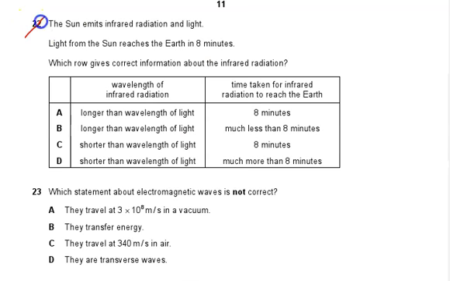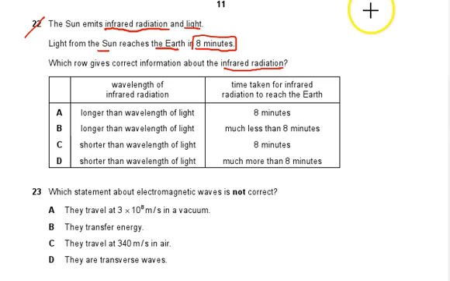Okay, number 22, the sun emits infrared radiation and also light. Light from the sun reaches the earth in 8 minutes. Which row gives correct information about the infrared radiation?